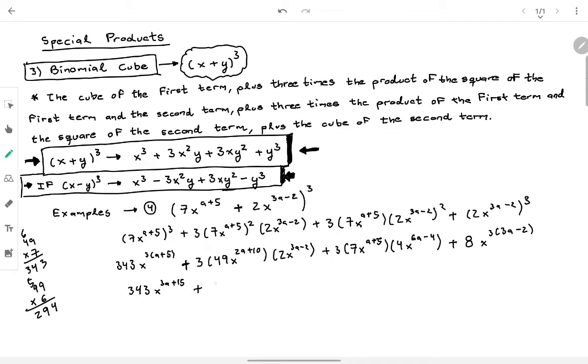So it's going to be 294 x to the 2a plus 10 plus 3a minus 2.